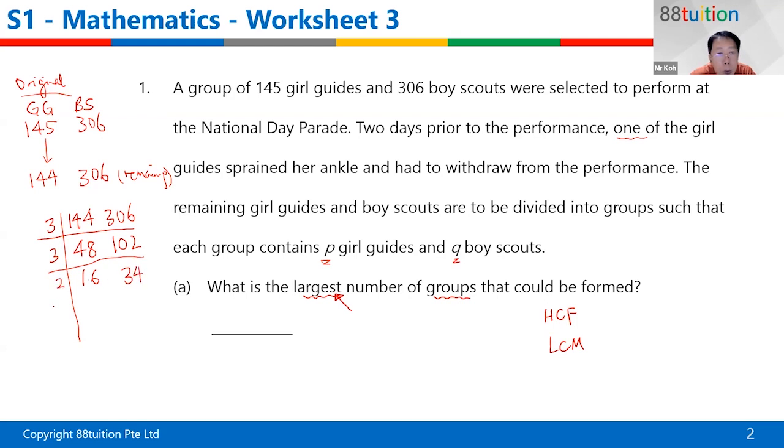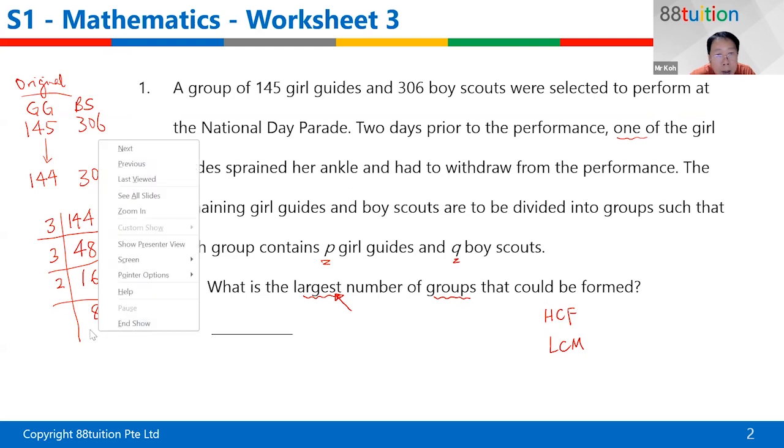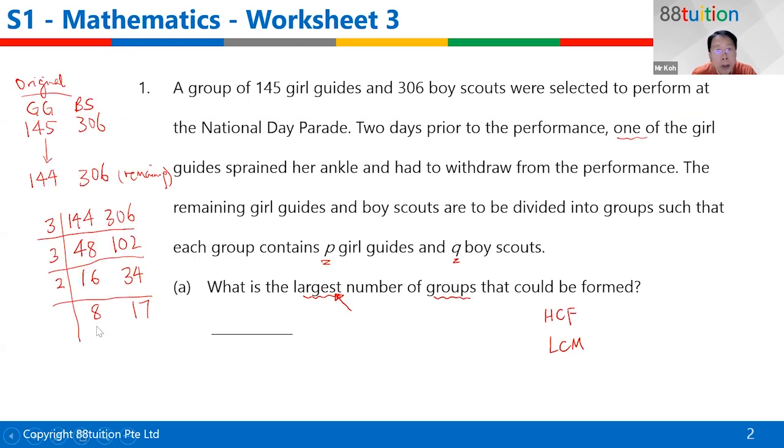Now, 8 and 17, I can't take out any common factor except 1. So this is what you have: 2, 3, and 3 are the common factors.